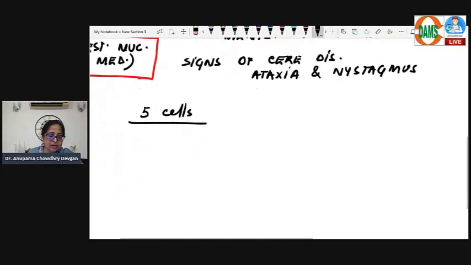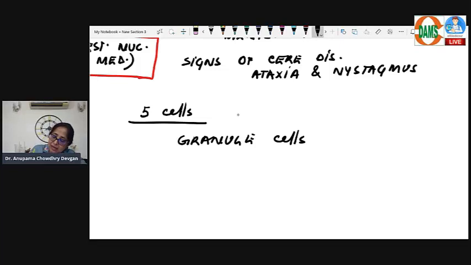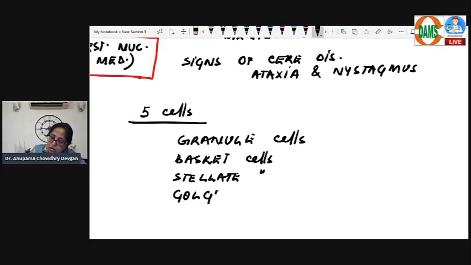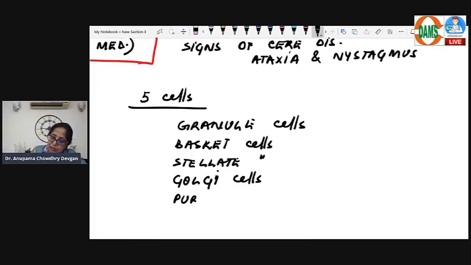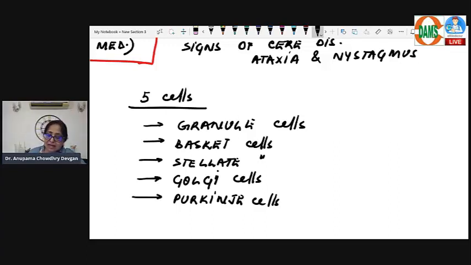The 5 cells of the cerebellum are granule cells, basket cells, stellate cells, Golgi cells, and the Purkinje cells, right? These are the 5 cells.